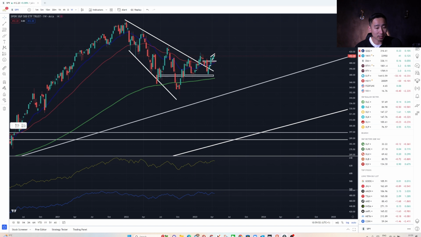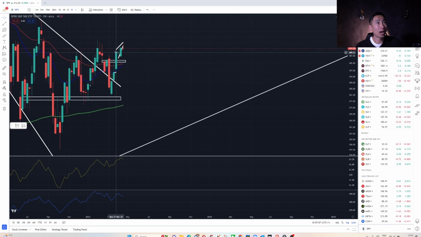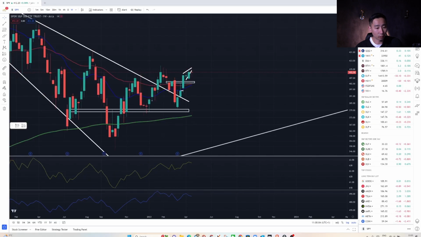In terms of price action on the weekly, you can see we have a doji bar. We had one sort of bullish bar and it's trying to reject now on that level. This is a major level I've been talking about. I'll show you on S&P 500 in a moment.